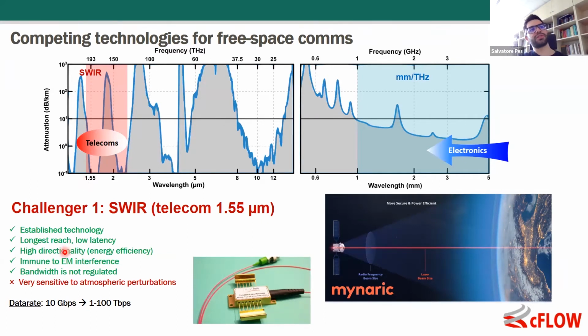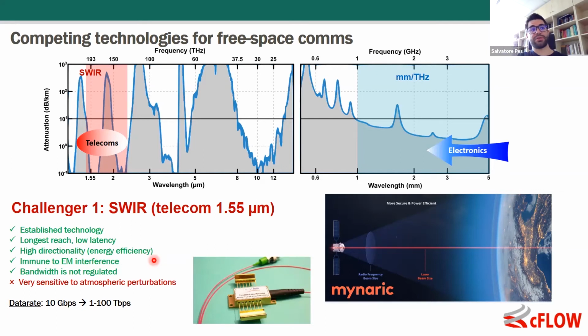It permits the longest reach with low latency, and it's also bidirectional, so it is energy efficient. It's immune to electromagnetic interference because it's based on optical transmission, and the bandwidth is not regulated because it's optical. But again, it's quite sensitive to atmospheric perturbation.